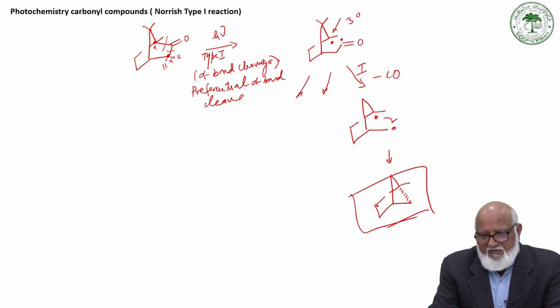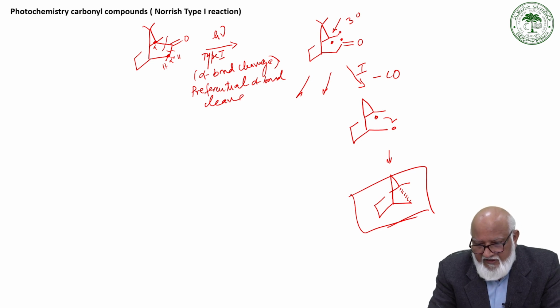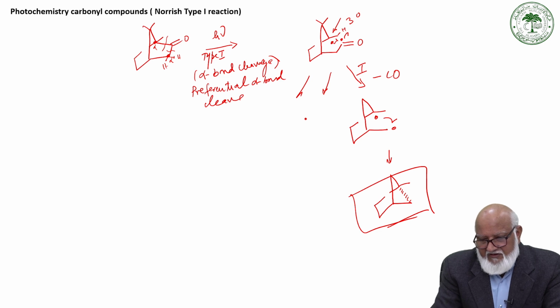The other possibility is the abstraction of a hydrogen atom from the adjacent methyl group. So this will abstract this, and then this will form a double bond. So the second possible product could be an aldehyde, slightly bigger.